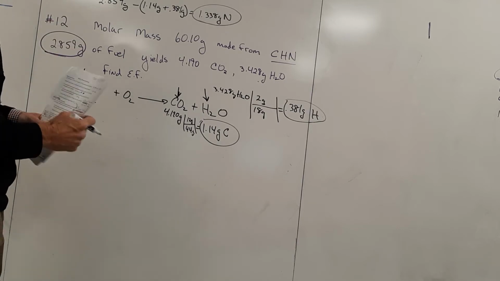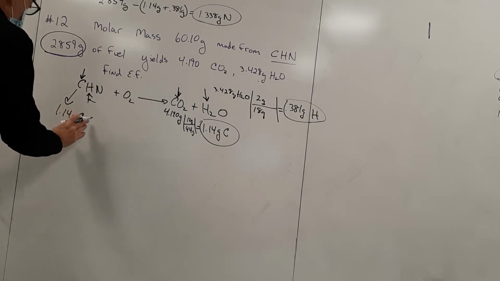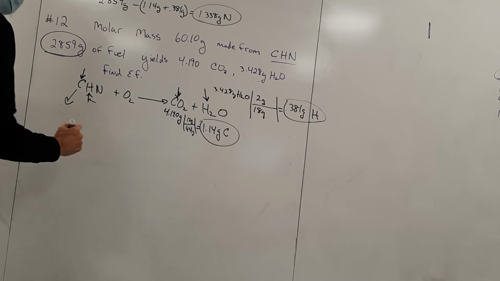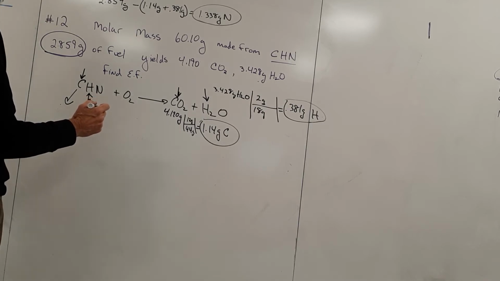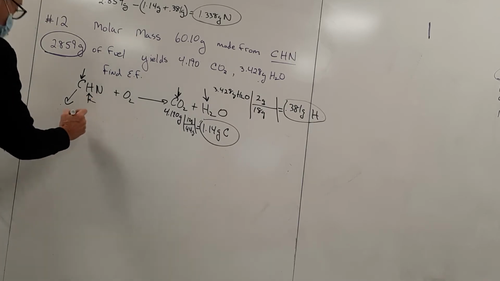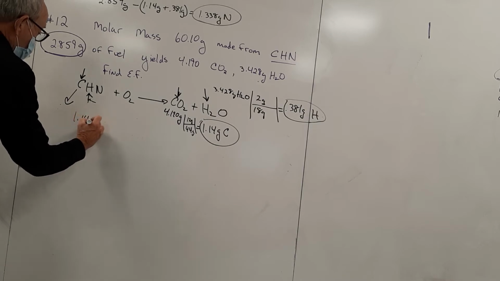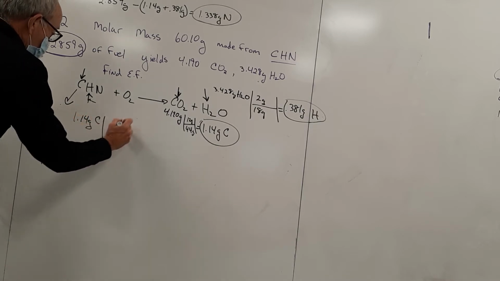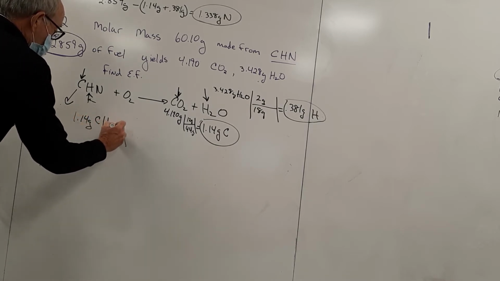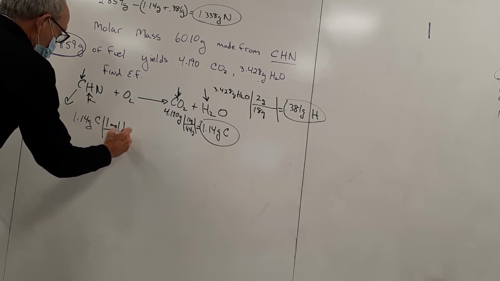So I'm going to take my amounts right here, and I'm going to say carbon. 1.14 gram of carbon, change it to moles. 1 mole is 12 grams.